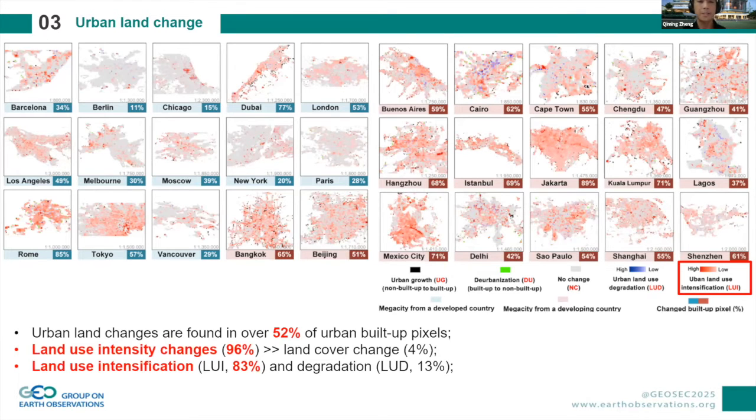We found that over 50% of urban pixels have gone through either land cover or land use change. We surprisingly found that changes in urban land use, particularly the intensification of urban land use, contributed a dominant proportion of urban land changes.